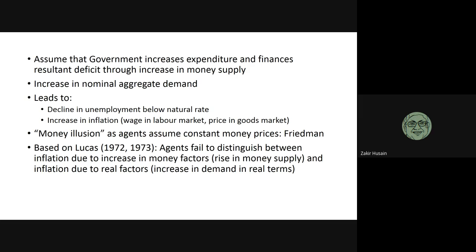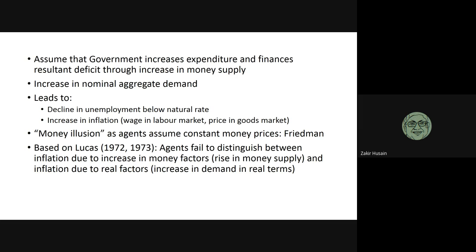Friedman's argument over here is based on Lucas's works. Lucas had argued that agents fail to distinguish between two types of inflation. Inflation can occur because the money factor has gone up, there's a rise in money supply.